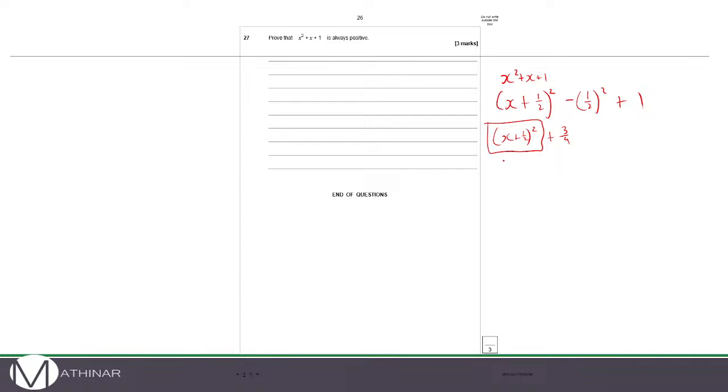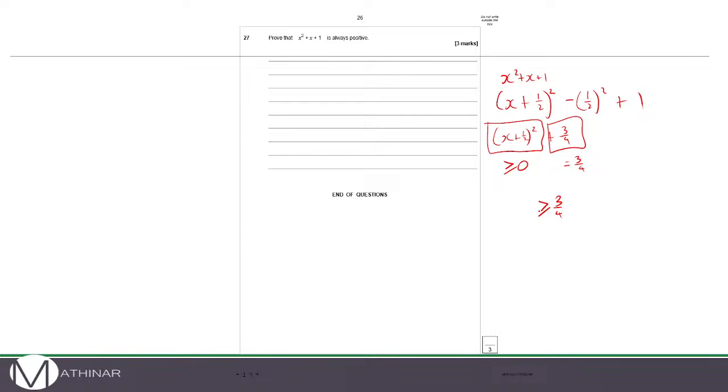So this bit here is always going to be greater than or equal to 0, because any square number is greater than or equal to 0. And this here is always equal to 3/4. So if you've got a number that's bigger than or equal to 0 and a number that's always 3/4, the answer you're going to get is going to be greater than or equal to 3/4, which is obviously going to be positive. So you just need to explain that in words to get the marks.